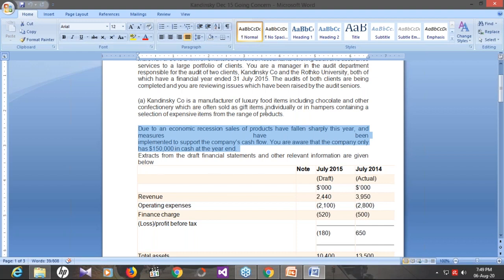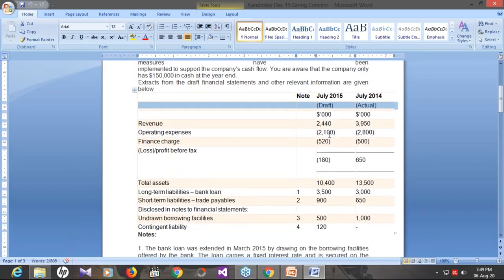You should highlight the important information when you are going through the exam, so that you can come back and easily trace it. And this is some financial data: revenue, operating expenses, finance charges, then these are the liabilities and everything. So the first thing that you should do is calculate the percentage increase and decrease in each head.